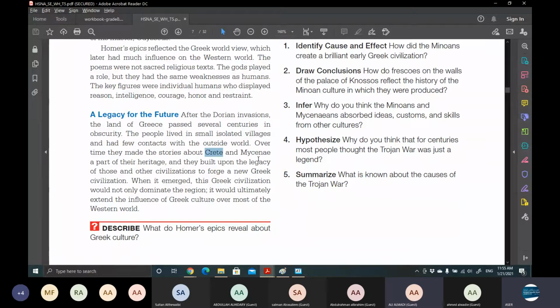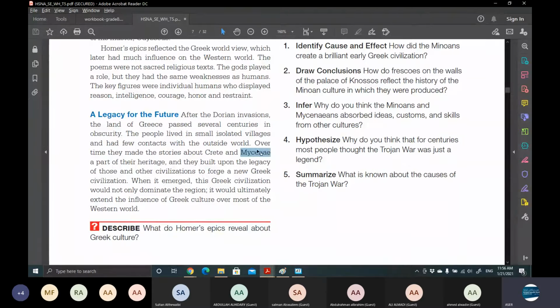All right, that's awesome. So, remember when we spoke about the Minoans, the first civilization in early Greece? The Minoans took the city of Crete as their capital. Inside Crete, they built the Palace of Knossos. Later came the Mycenaeans.